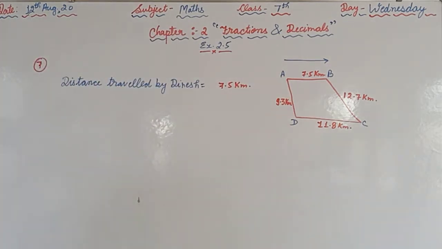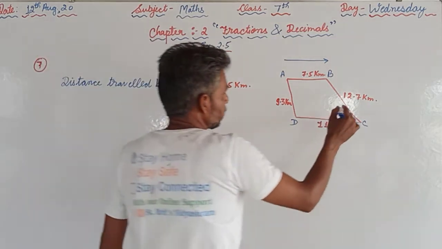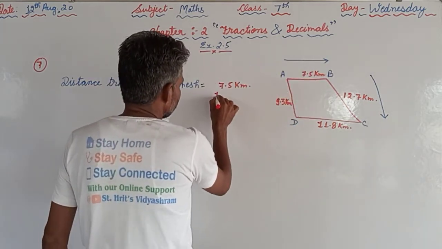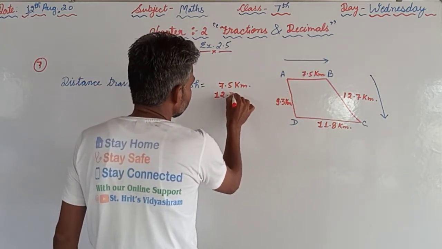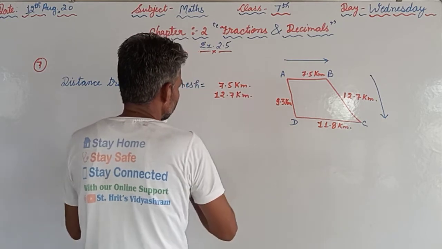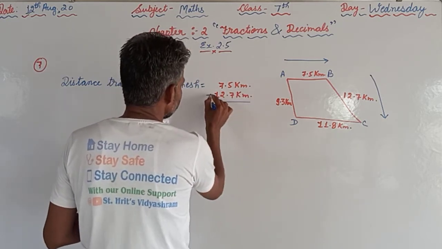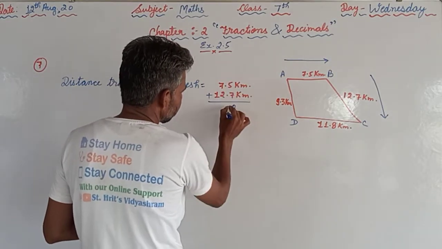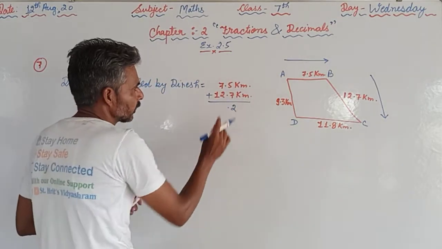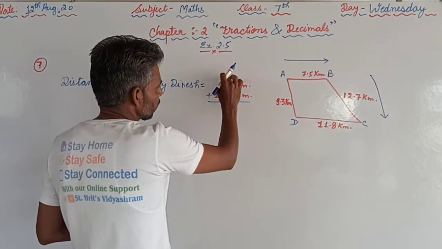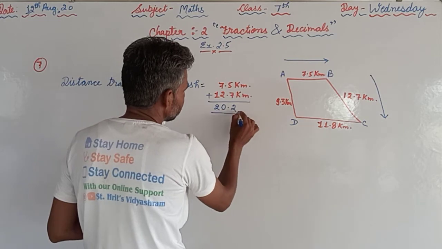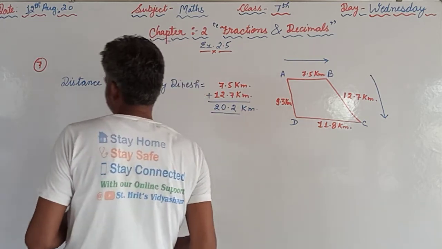Afterwards from B he came to C, which means 12.7 kilometers more. So for the total distance we have to add, keeping the decimals vertically aligned. 7 plus 5, 12, 2 carry 1. 7 plus 1, 8, 8 plus 2, 10, 0 carry 1. 1 plus 1, 2. So 20.2 kilometers was the distance travelled by Dinesh.